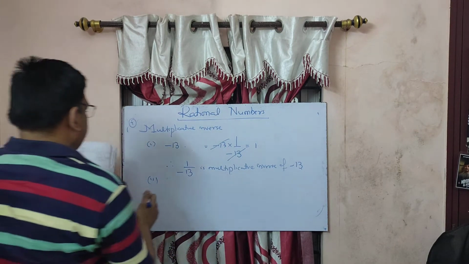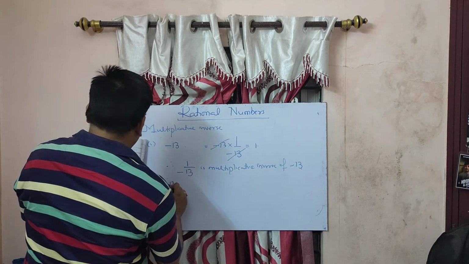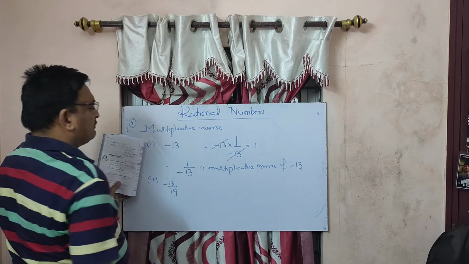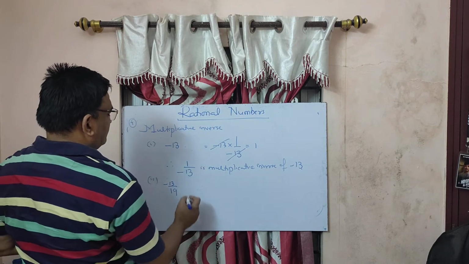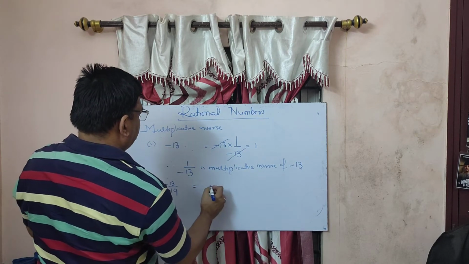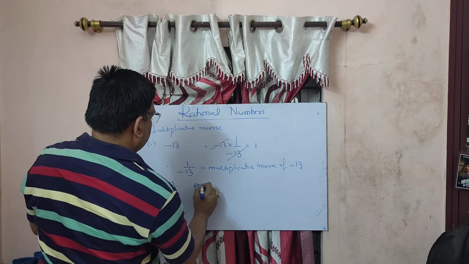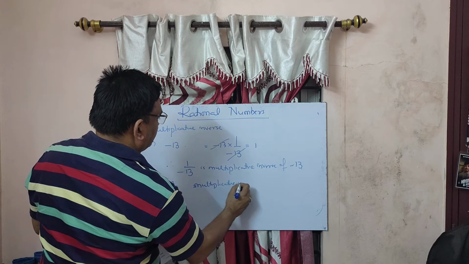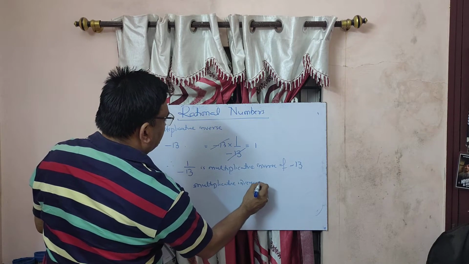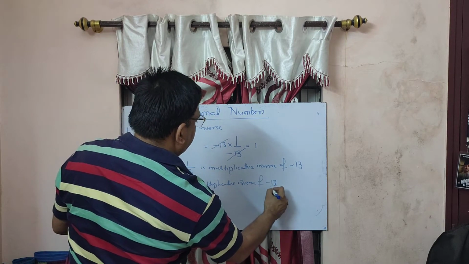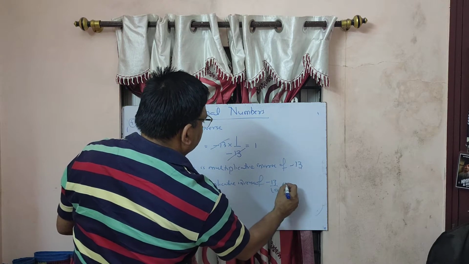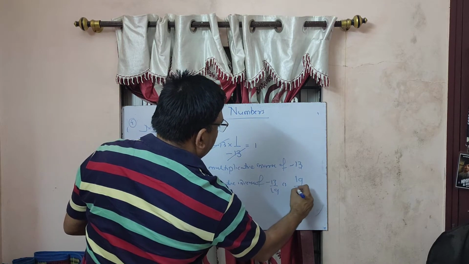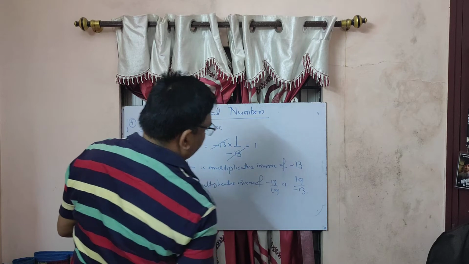What is that? Minus 13 upon 19. So what is the multiplicative inverse of minus 13 upon 19? You would write: the multiplicative inverse of minus 13 upon 19 is 19 upon minus 13.